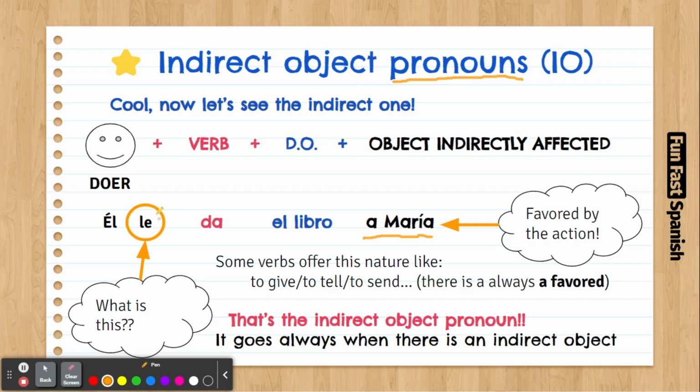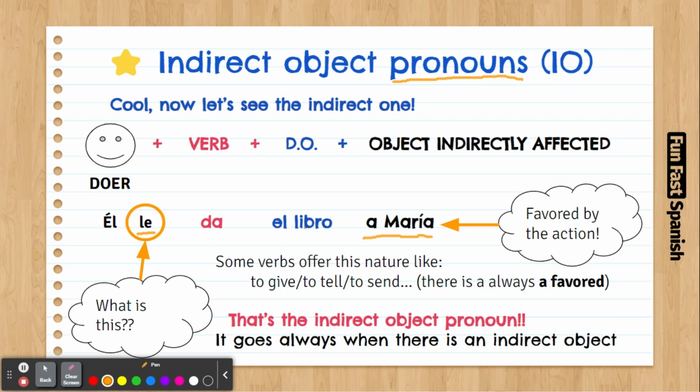This can change according to the person you are giving that to. So in this case, we are talking about a third person. Therefore, it's going to be le. Yeah. So what we do in Spanish is that we put this le right before the verb. Yeah. Él le da el libro. It's like him gives the book. I know the semantics, the order is weird, but that's how we say it.